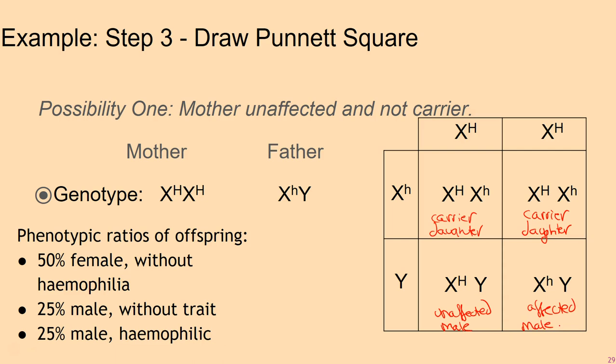Okay, so we can see this, that we would have these two together, which is 2 out of 4, which is 50%. Without hemophilia and female, we would have 25%, so 1 out of 4, males without hemophilia, and 1 out of 4, 25% males who are hemophiliacs.